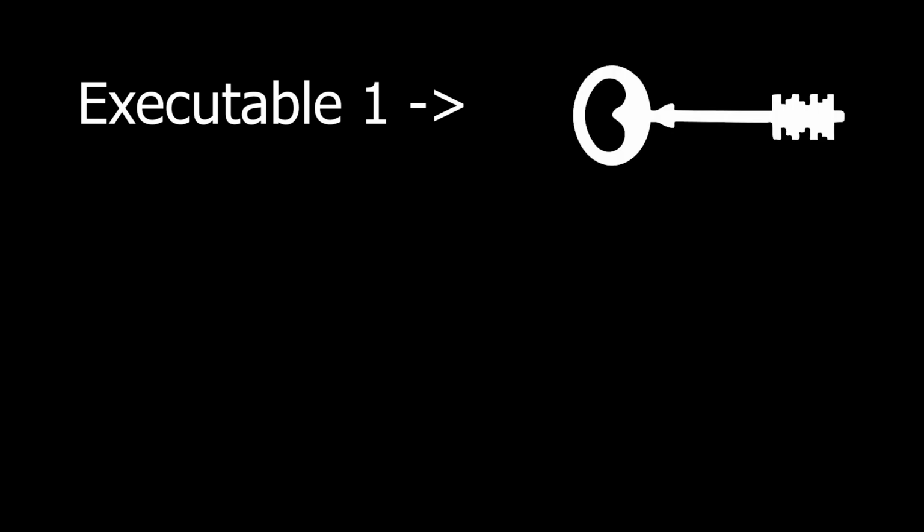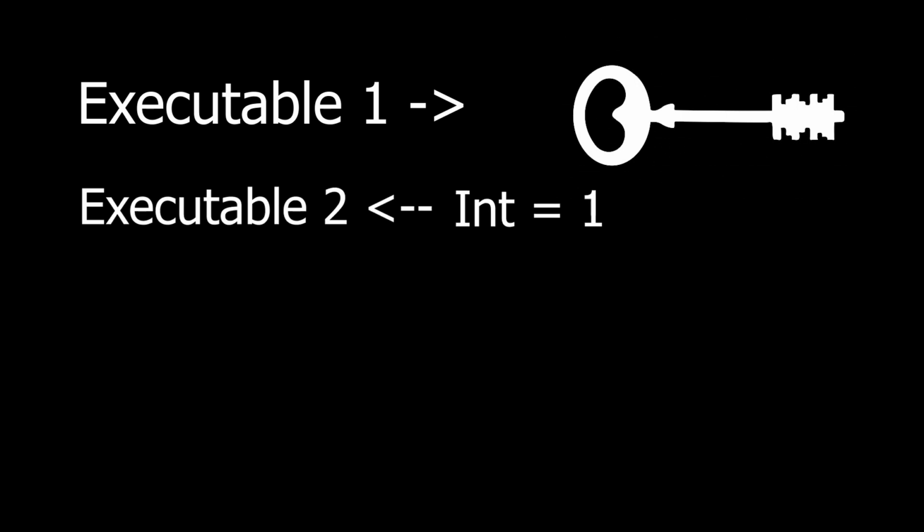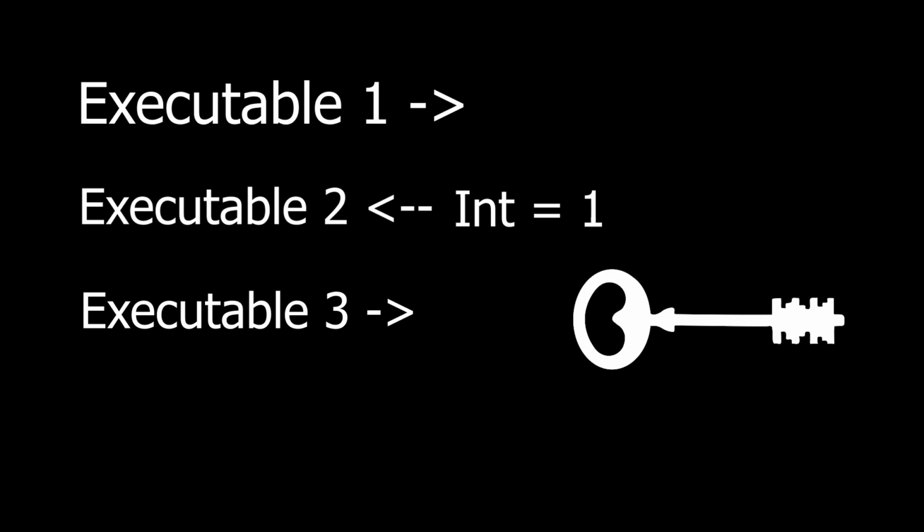So executable 1 pushes data to key 1, like an int or something, for executable 2 to use in a switch. But executable 3 modifies that data again. So executable 2 had already fired, it's not going to fire again.